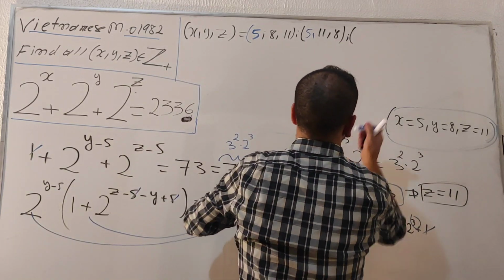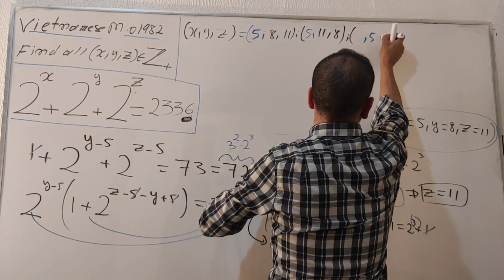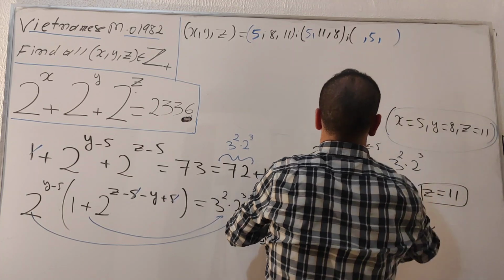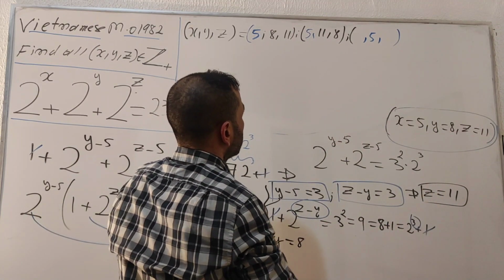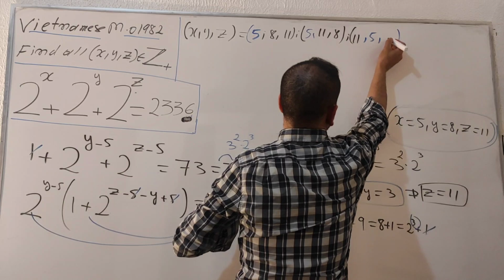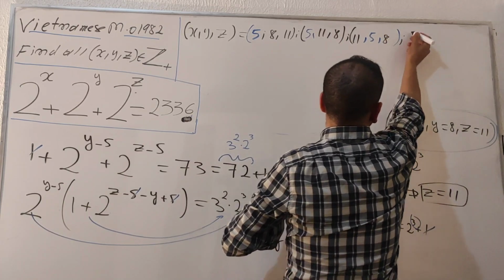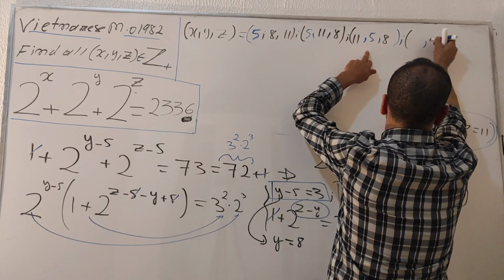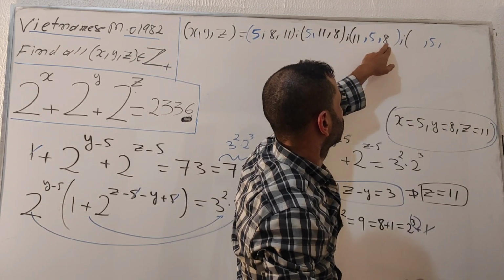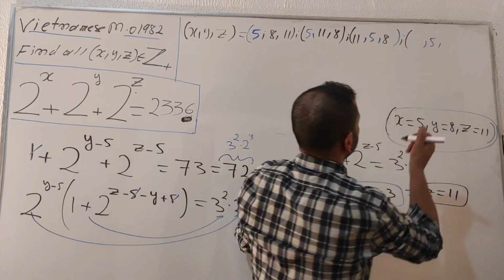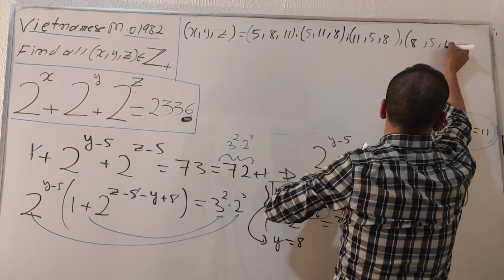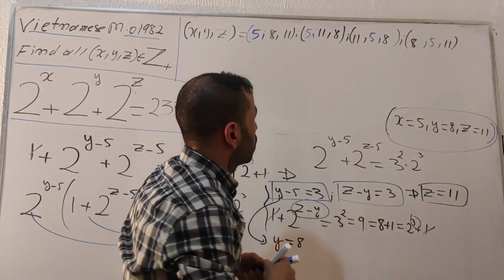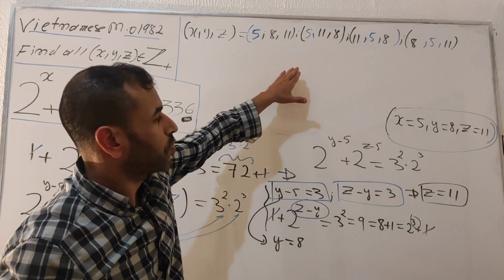So I get 8 as the first value, then 5, then 11, and I keep 5 in the middle, switching the other two. Okay, actually we get 4 solutions.